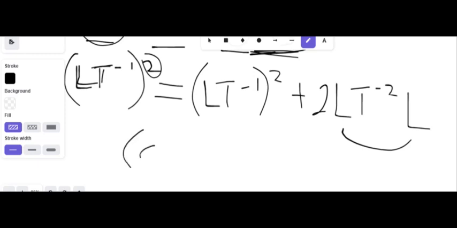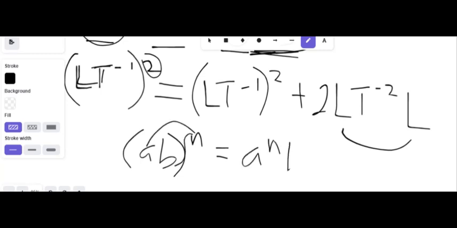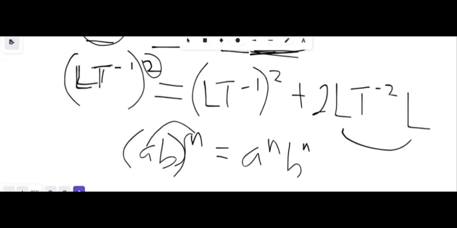If you have something like this, A, B, and then there's a power n outside, A is going to be raised to power n, and B is also going to be raised to power n. So that's what's going to happen here. Let's do that for those that have squared.